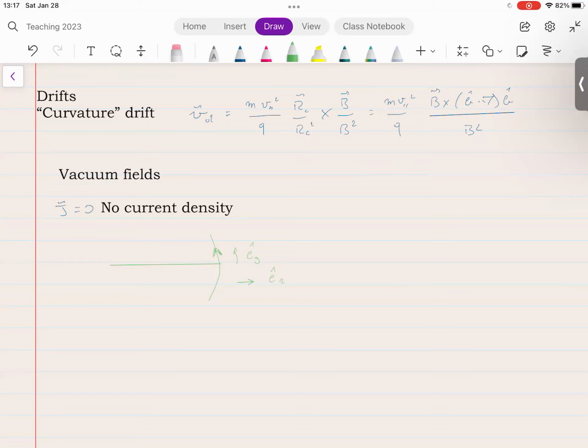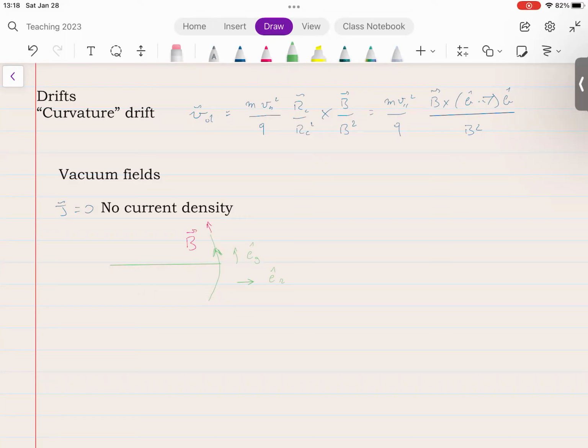Working in polar coordinates, in local polar coordinates. And the magnetic field is in that curved direction. This B is in this direction.